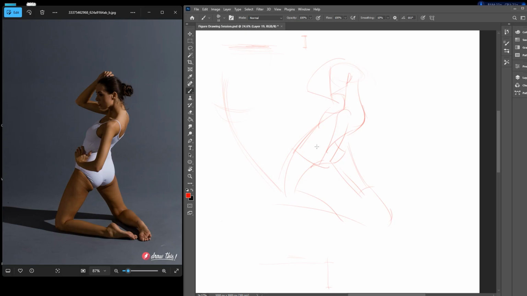As you can see, as long as we define the main axis, it is much easier to define the rest of the details.